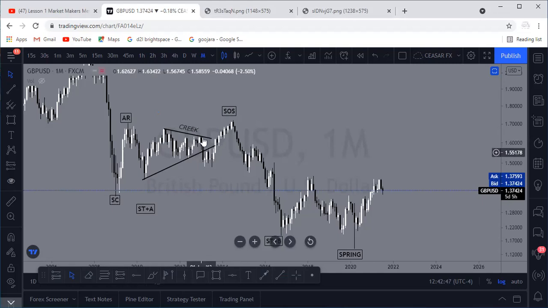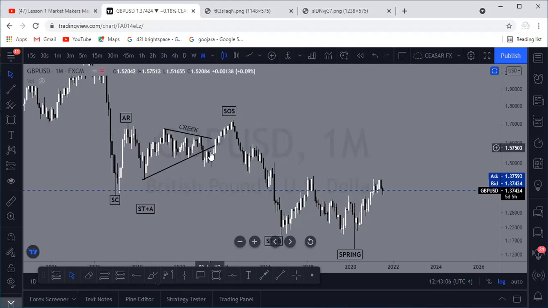So now the price broke here, hitting the stop losses that were below this recent low, and then the price went back to test the trend line, as you can see here. So the retail traders will go ahead and place a sell based on the break and retest strategy.